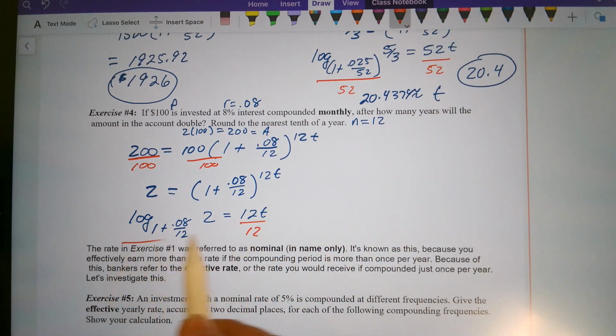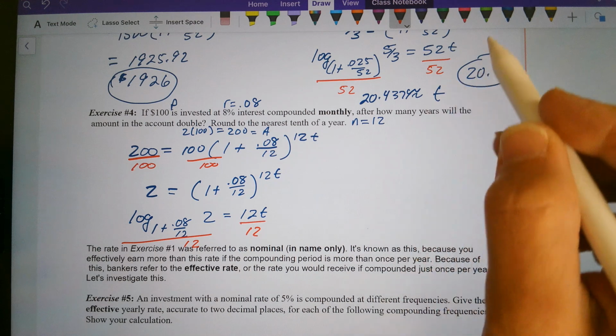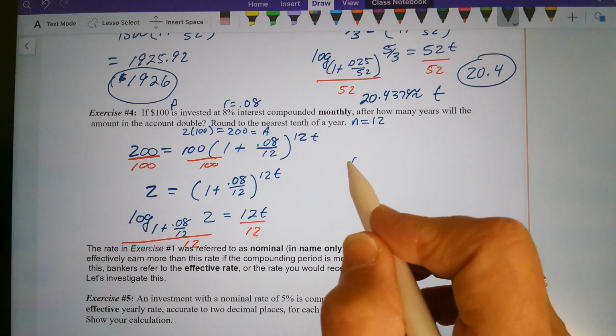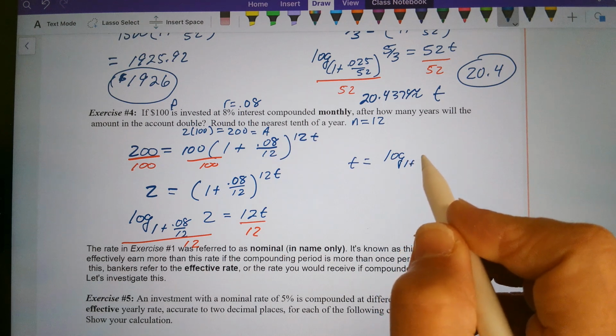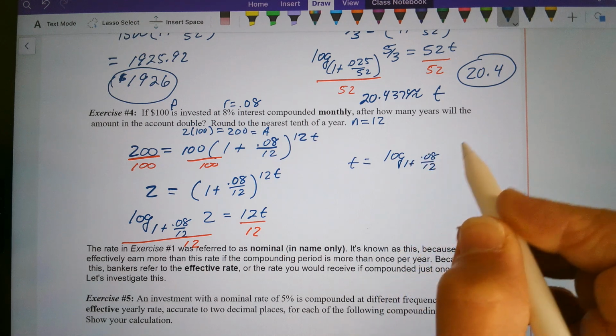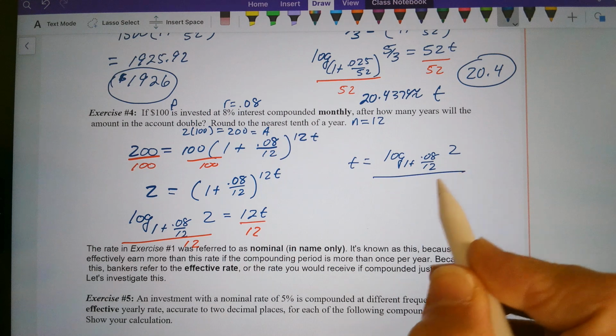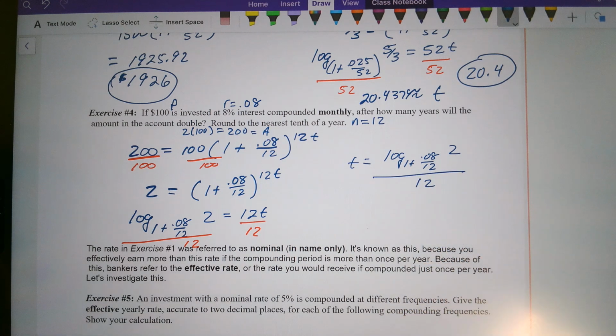And divide by 12. So into the calculator we are keying t equals log base 1 plus 0.08 divided by 12 of 2, all divided by 12.